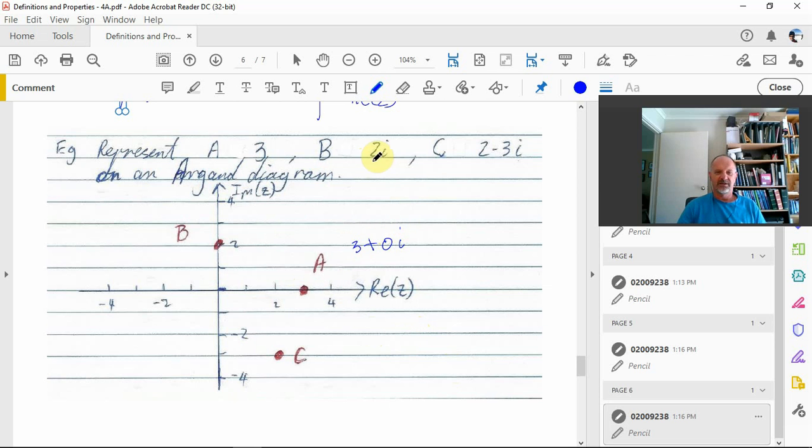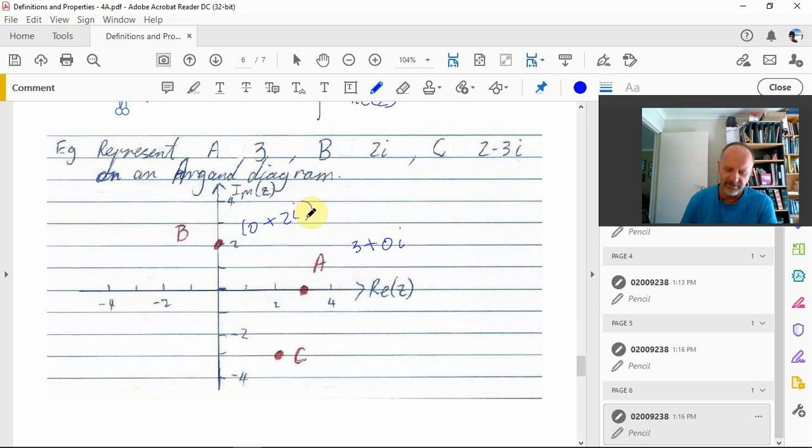And B is kind of the other, where there's no real bit. And when I say no real bit, well, that's not technically correct, is it? The real part's 0 plus 2i. Now, of course, we're not going to write 0 plus 2i, are we? Well, we don't need to write the 0. If there's nothing there, we know that it's 0.